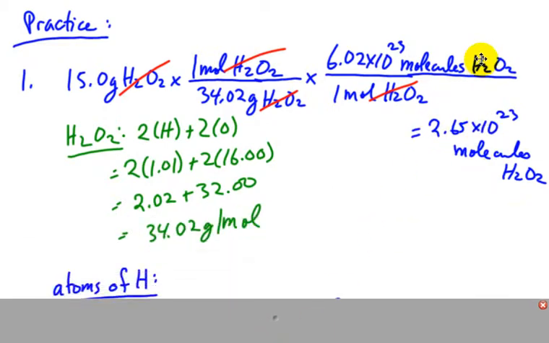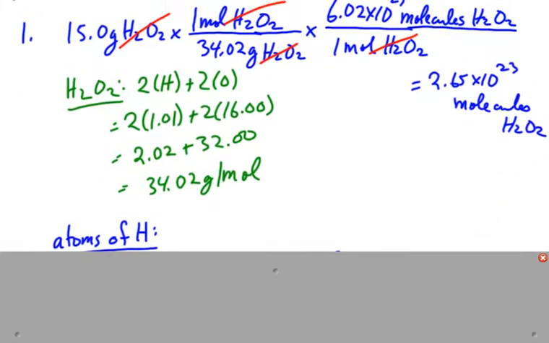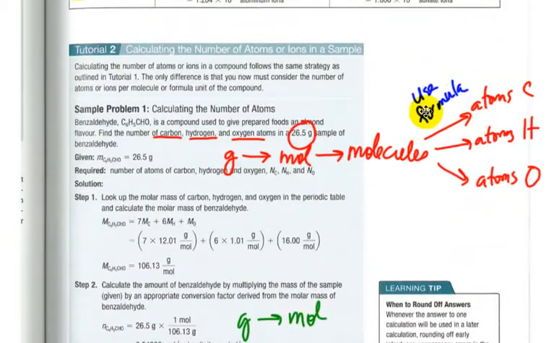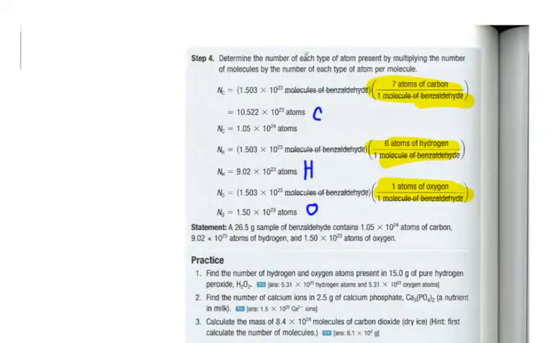So, to figure out how many hydrogen atoms and oxygen atoms there are, the last thing we do here, again, it depends upon the formula. In 1 molecule or 1 formula unit, how many atoms of each are there?